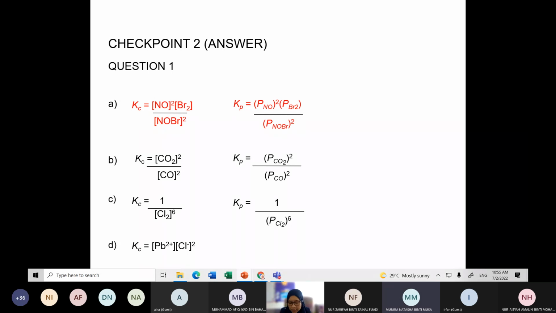Okay. Please check with your answer. Is there any correction? Please let me know so that I can do the correction right away. Okay, please check sama tak sebiji dengan jawapan yang awak dapat. Any question, please let me know ataupun any pembetulan. Okay.